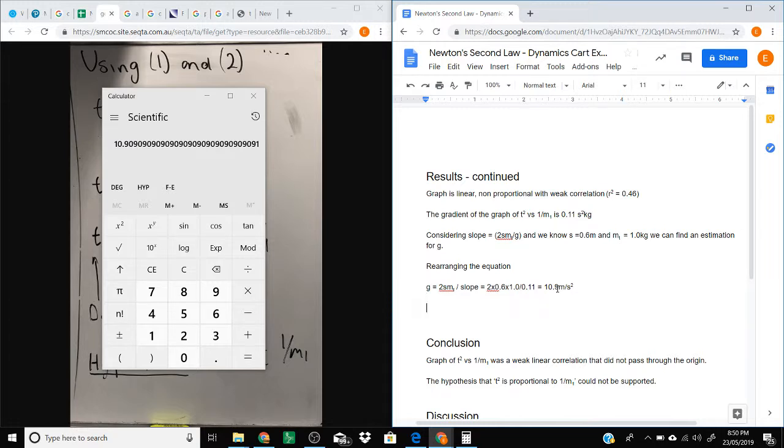Let's go calculate the percentage error. And bear with me, I'm actually going to have to write this up. Percentage error.